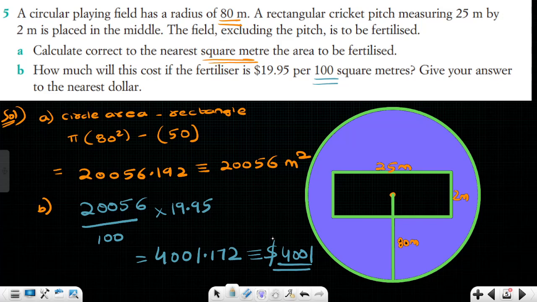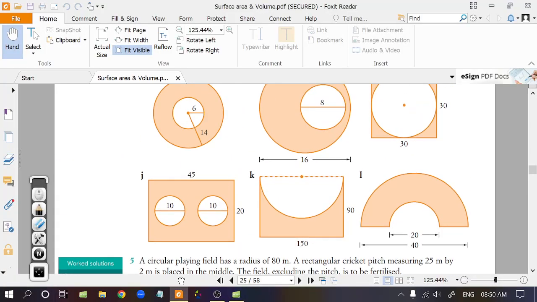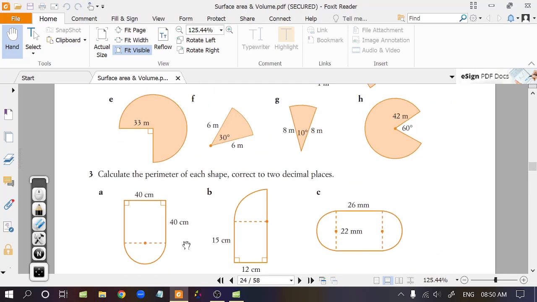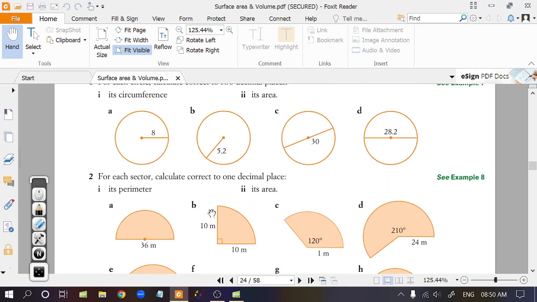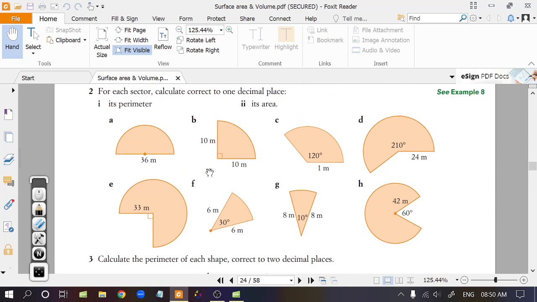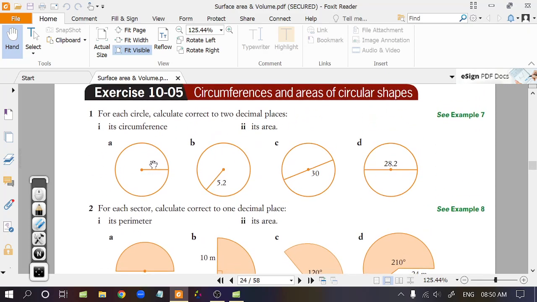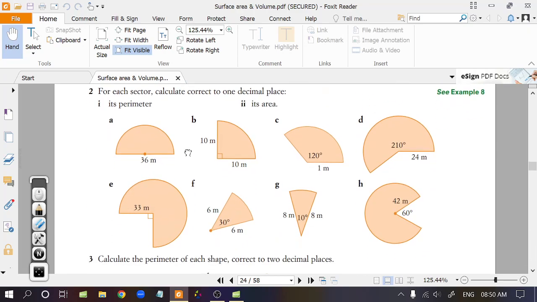Okay, if it's done, I will just give you some homework questions. You can do it peacefully. See, first question and second question, we need to do some questions for practice. First question completely we will avoid, no need to do.